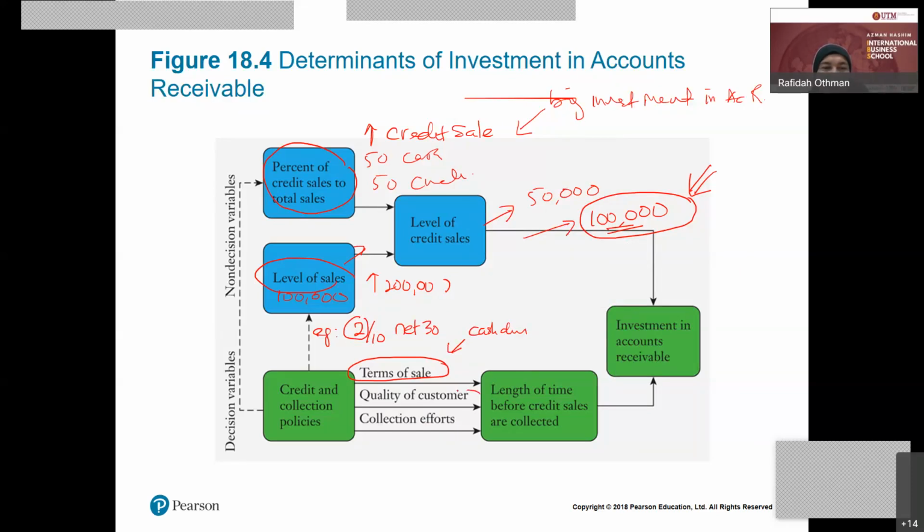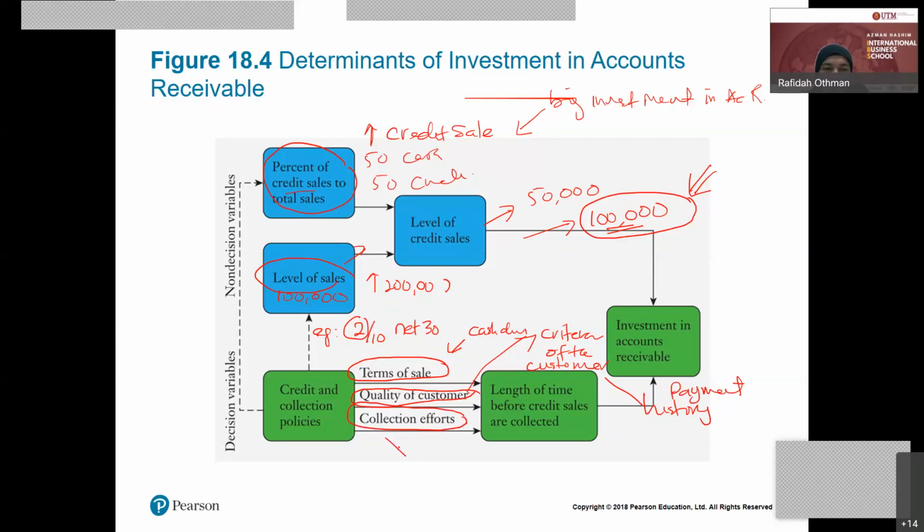Second is that you look at the quality of the customer. For you to offer the credit sale, you need to look into the criteria of the customer, and this is by looking at their payment history. Another thing is the collection effort.